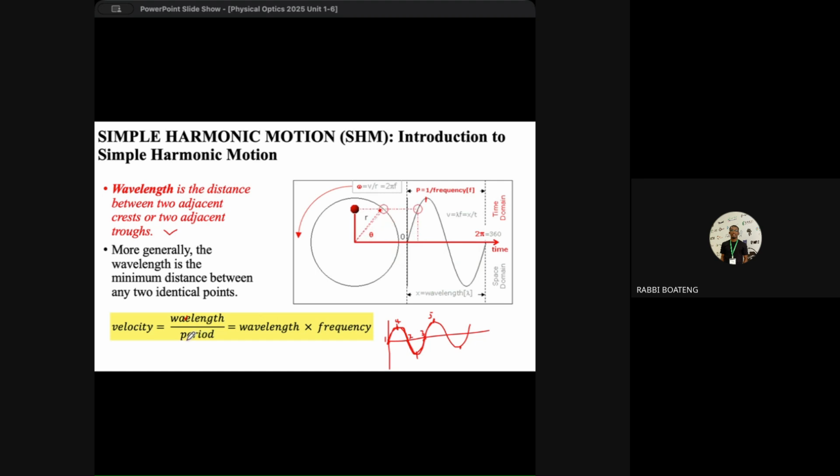So if you want to ignore the period, we can just multiply the wavelength by frequency. And that is what we have here. This formula is very, very important, so let's keep it in mind. Most of the times you see it as velocity relating wavelength and frequency. They mostly don't relate the period. It's most of the times the velocity, wavelength, and frequency.